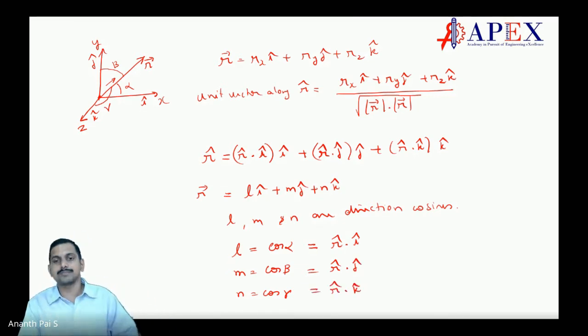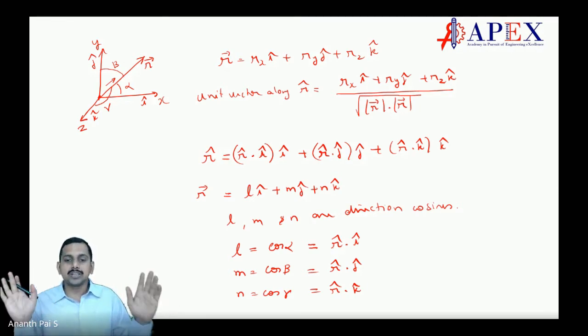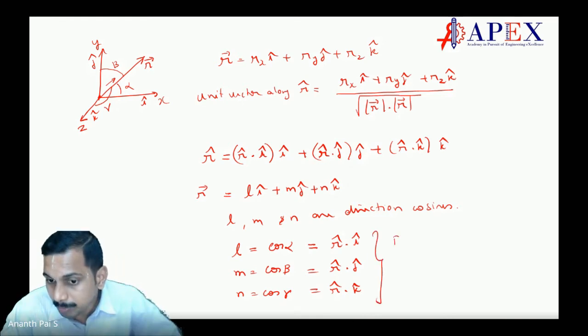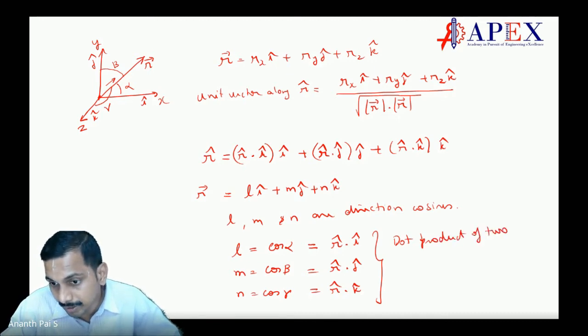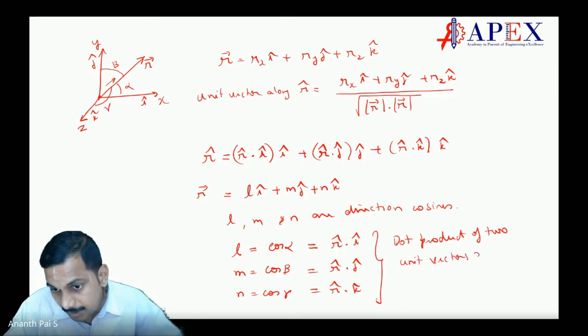Very good. So the dot product of two unit vectors gives the direction cosines.